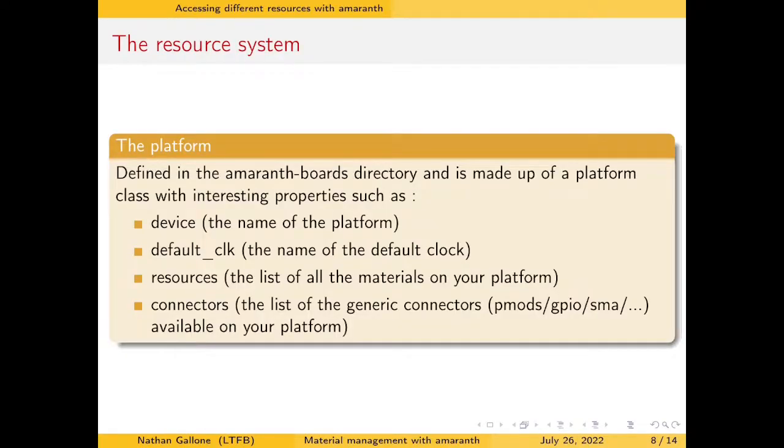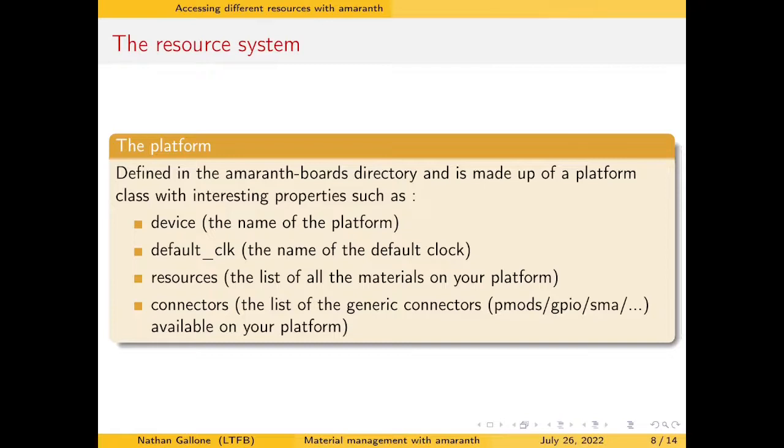You'll find them in the Amaranth boards directory. Each platform description file contains a description of a Python class which has at least 4 properties: device, default clock, resources, and connectors. Device is the name of your platform. You can use it to know on which platform you are flashing your program, and so it allows you to describe in your code different implementations for different boards, but with the same behavior in the end.